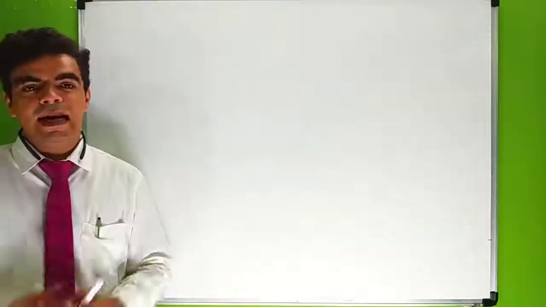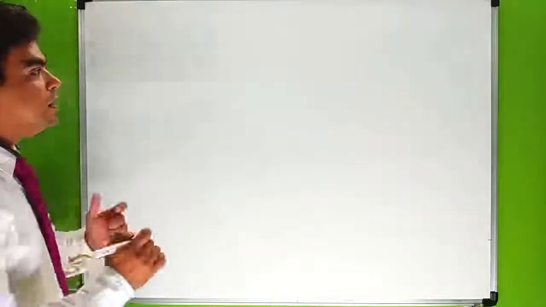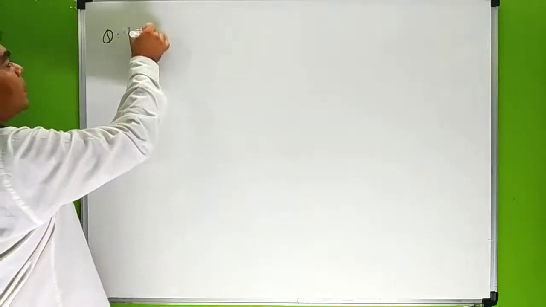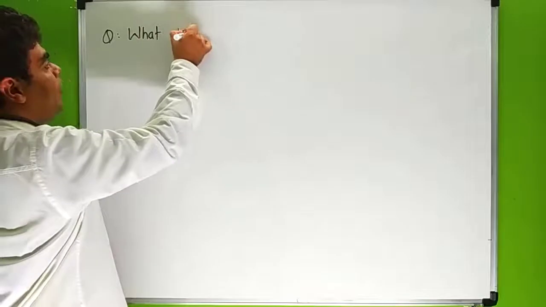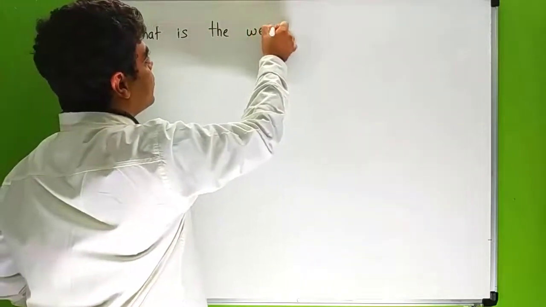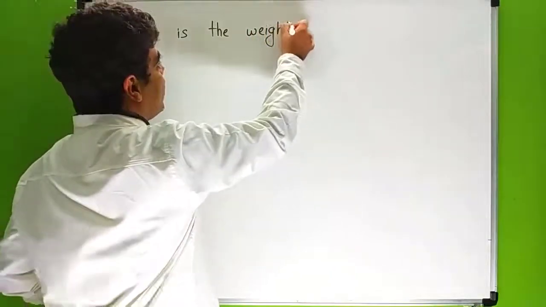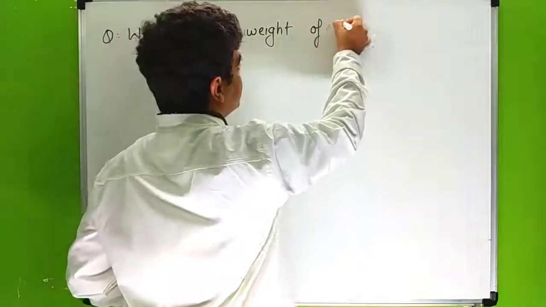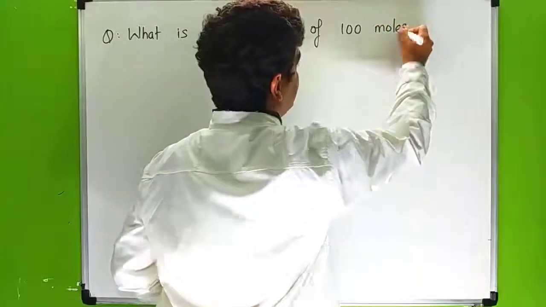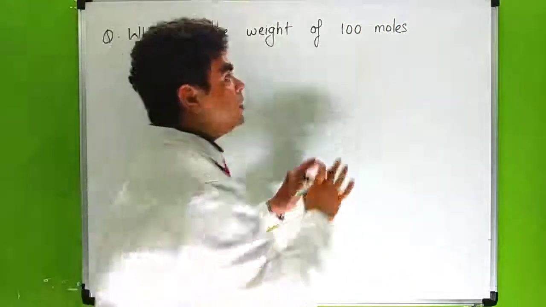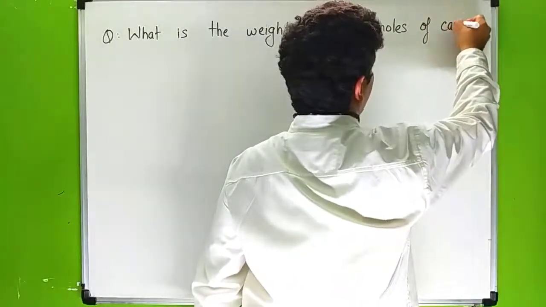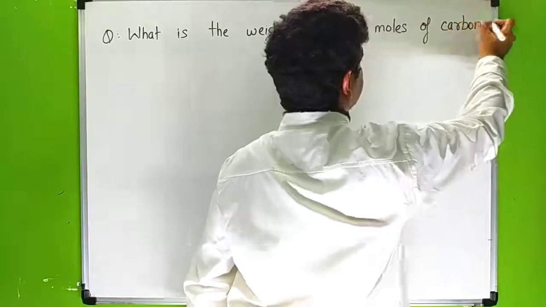So now let us take another question. Suppose the question is, what is the weight of 100 moles of carbon? In the previous question, we were asked the weight of 100 atoms of carbon. In this question, we are being asked the weight of 100 moles of carbon.